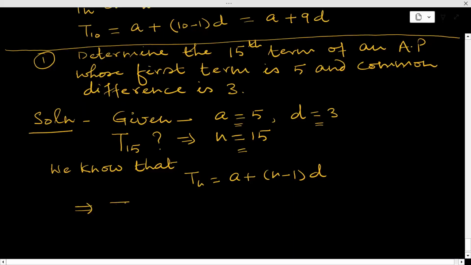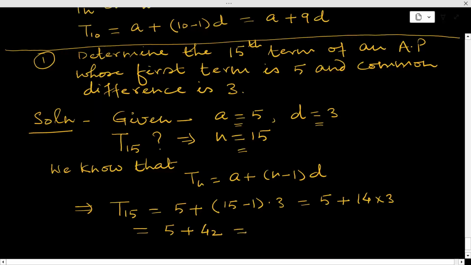Using this formula, we have T15 as a, which is 5, plus n, which is 15, minus 1, into d, which is 3. So this is coming out as 5 plus 14 into 3, right? And this further gives you 5 plus 42. So the 15th term of this AP is coming out as 47.